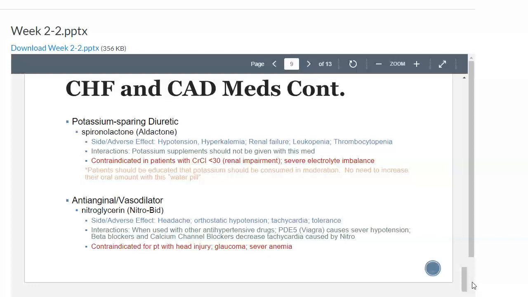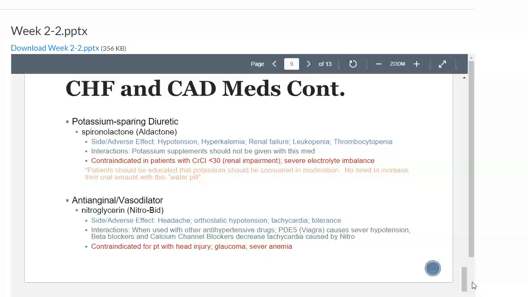And it's very important to assess their coagulation profile when we're talking about heparin, and we usually hold it if the platelets are below 100,000, and notify the doctor. And again, we can see heparin used prophylactically and then used for these very serious situations.